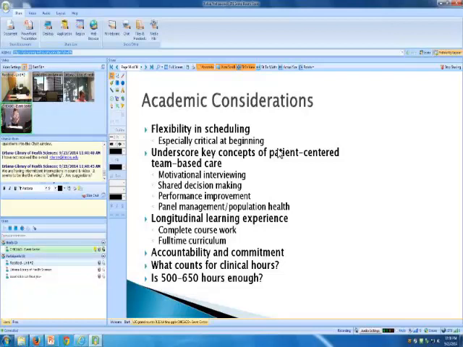Certainly, nurses could lead the performance improvement along with the panel management and population health. But when we make site visits and talk to the trainees, they're mostly physicians, a few NPs, a few others in there. And the NPs will say, oh, I love learning with the physician residents. I learned so much from them. Oh, my God, they just come with so much knowledge.